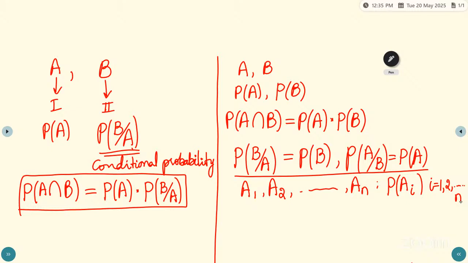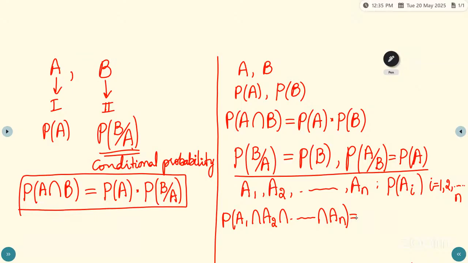And the probability of happening A1 and A2 and so on An. Probability of happening A1 and A2 and A3 so on An as a result of how many trials?